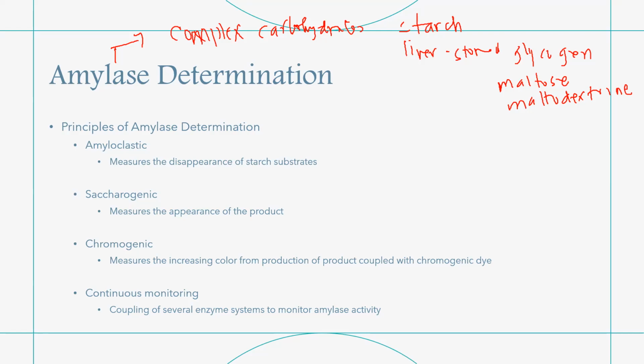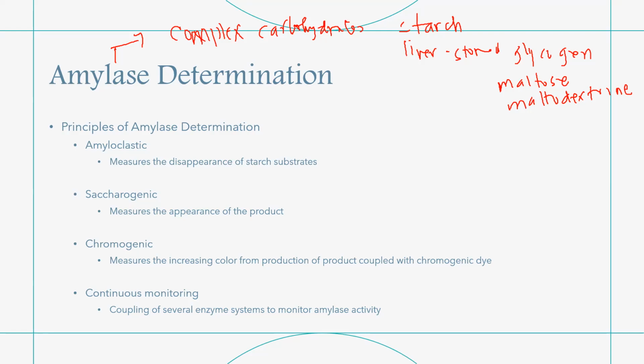Last, as a third, we have the chromogenic method, which measures the increasing color from the product coupled with a chromogenic dye. Remember that the chromogenic method uses a starch substrate to which a chromogenic dye has been attached to produce the chromogen.